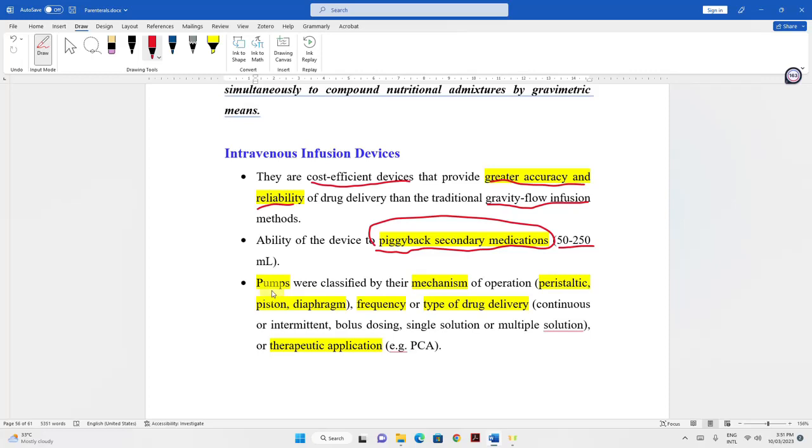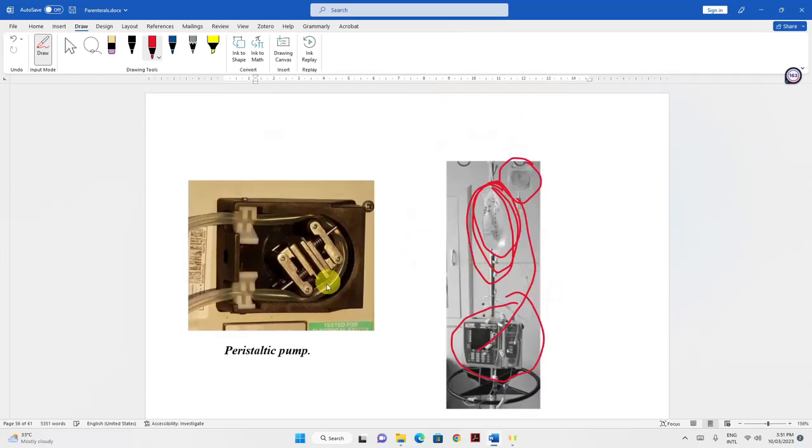These pumps are classified according to mechanism of operation, how they operate. One mechanism is peristaltic. What you see here is peristaltic. You see these are the tubes, and here you see something that is pressing. It presses on the tube and rotates. When it presses on the tube that has liquid and rotates, it will allow the liquid to pass from one side and continue to the other end.